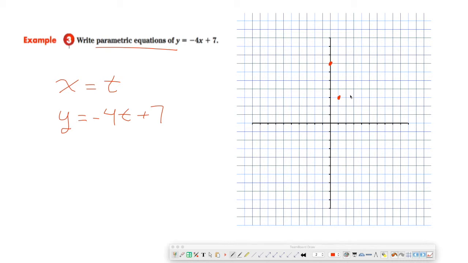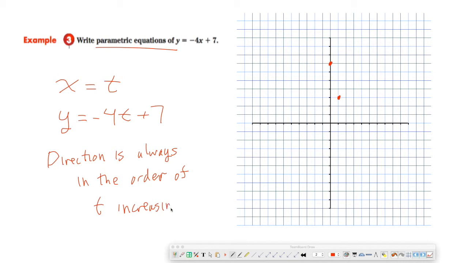A parametric equation always has a direction, and direction is always in the order of t increasing.